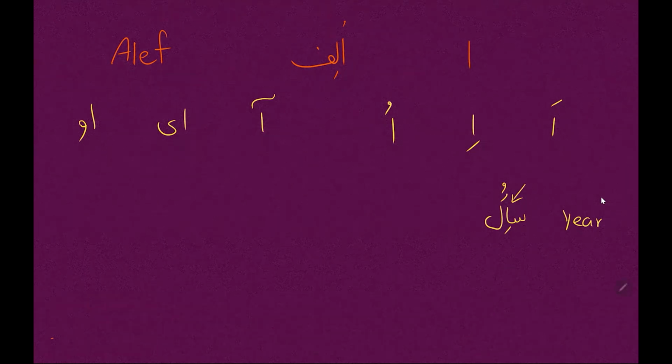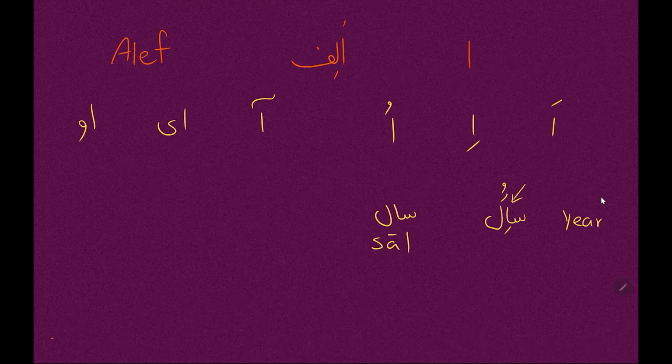We could do that only if the alef comes in the beginning of the word. So the word sal doesn't come with any signs, and it always gives the sound ah, sal.